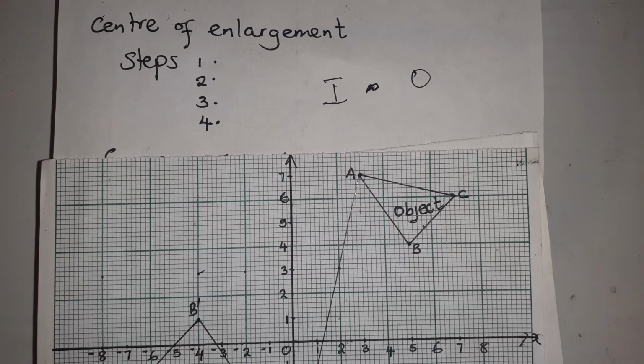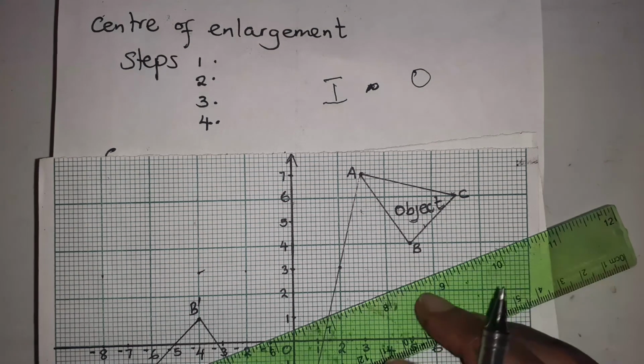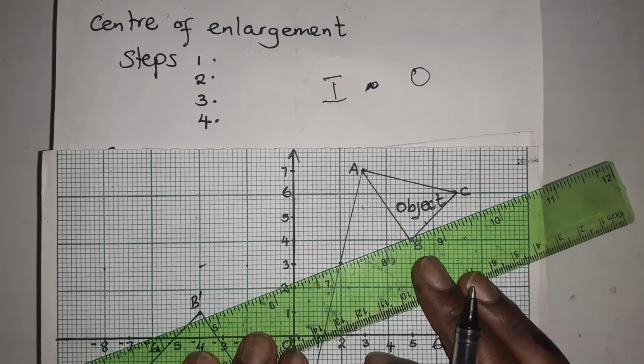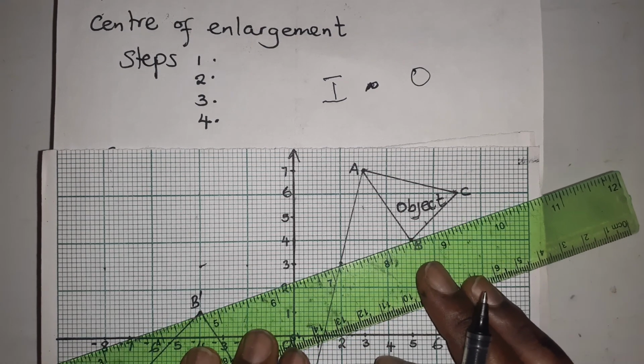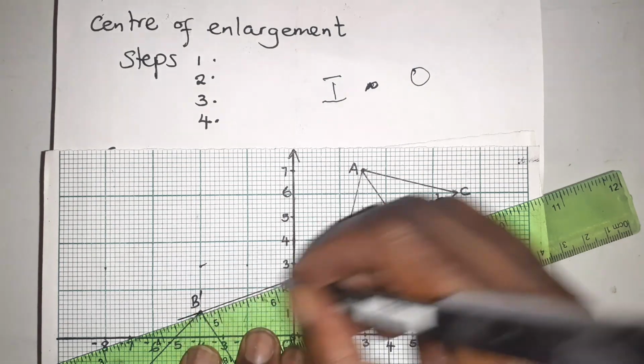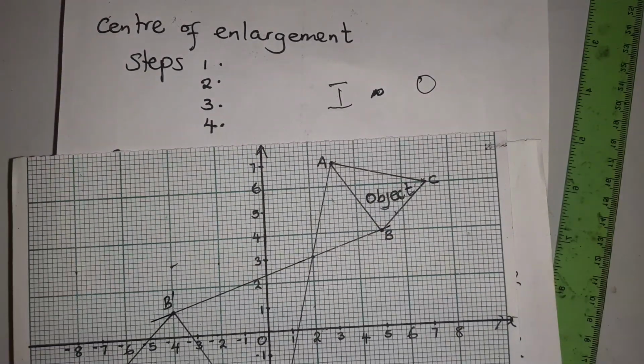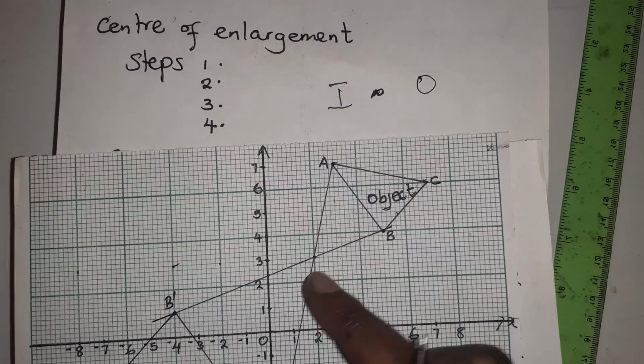Then again we pick another point, for instance B to B here. At the point where they meet, that is the center of enlargement.